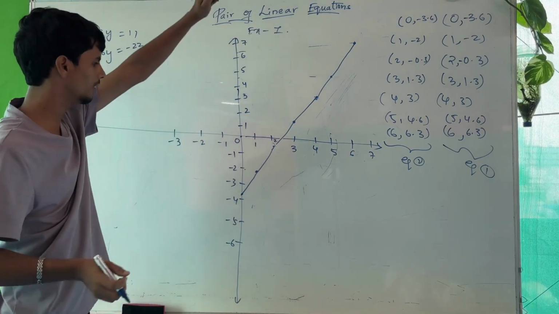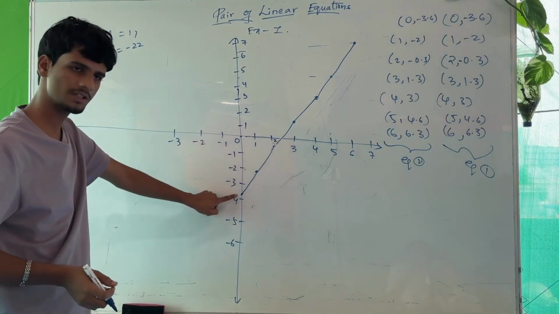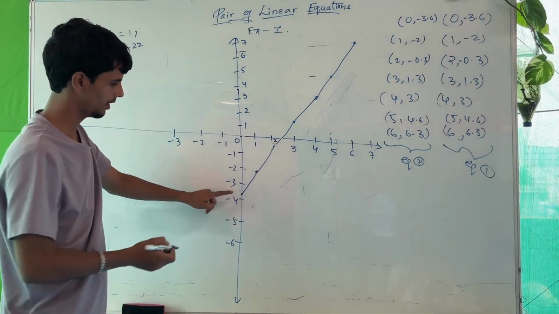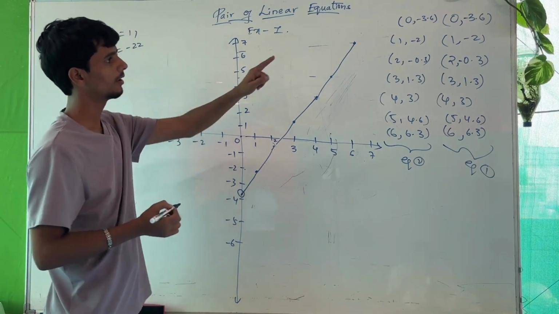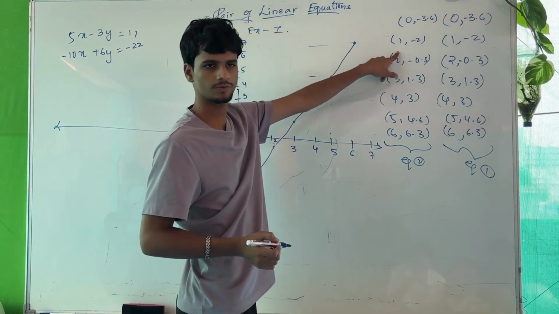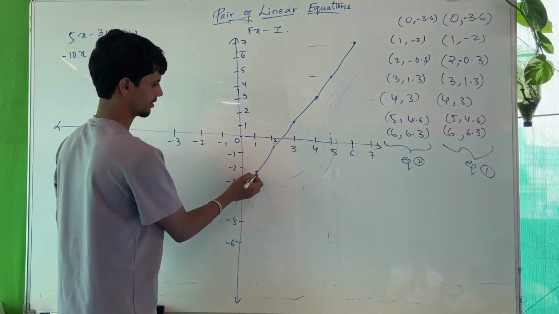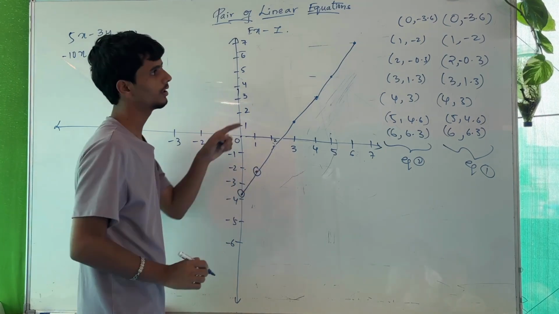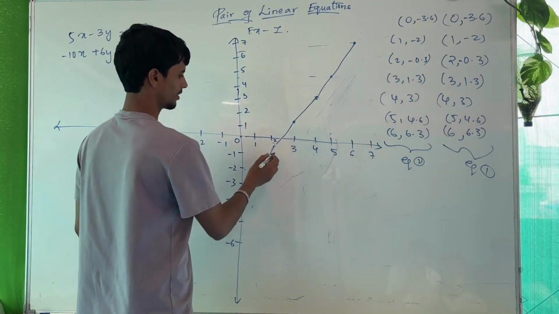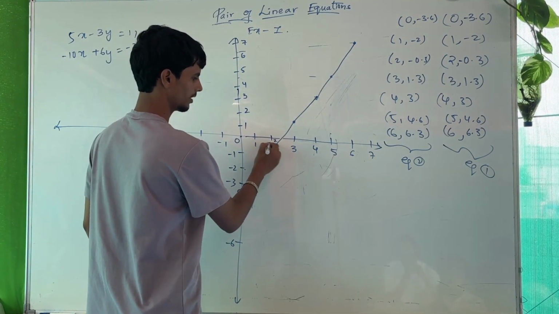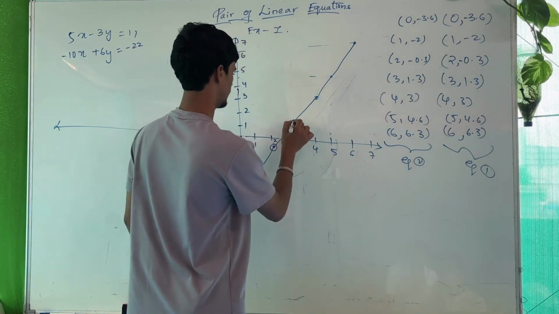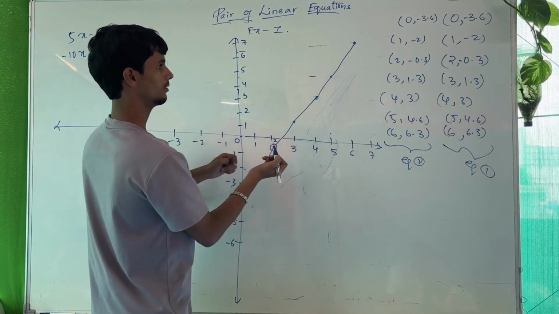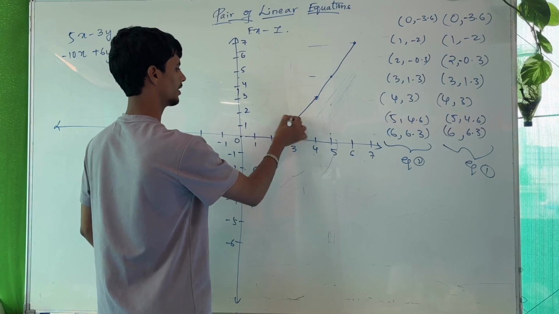0 comma minus 3.6, it is here again. Next 1 comma minus 2, second equation, it is here again. 2 comma minus 0.3, it is here again. 3 comma 1.3, it is here again.